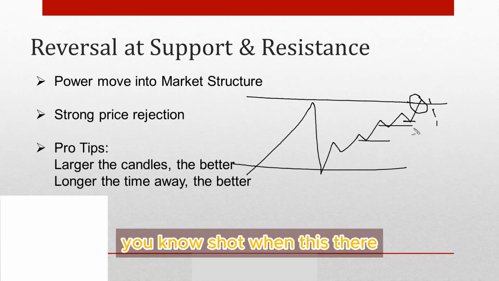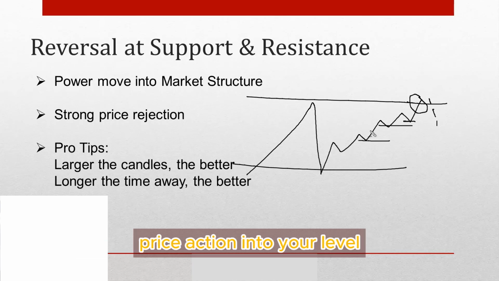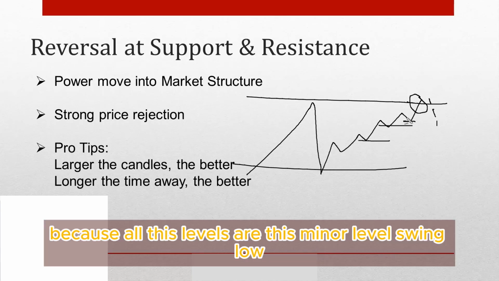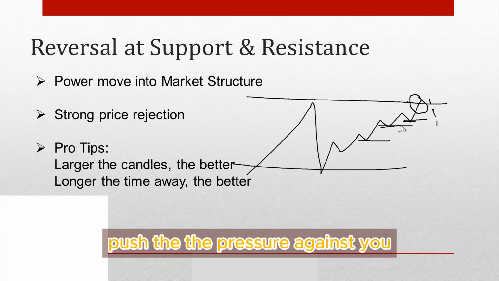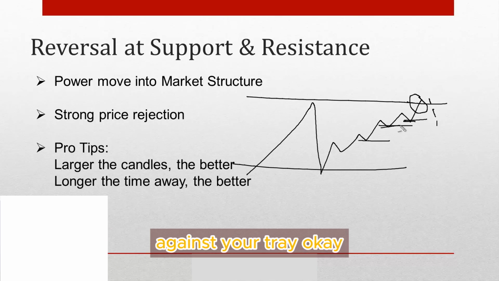So that's why you don't want to short when there's this type of stair-stepping price action into your level. Because all these minor levels, swing low and swing low, are where opposing pressure could come in and push against your trade.